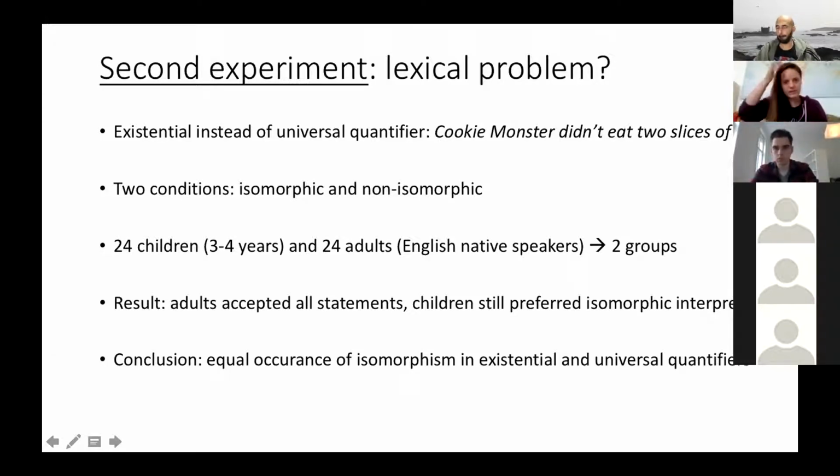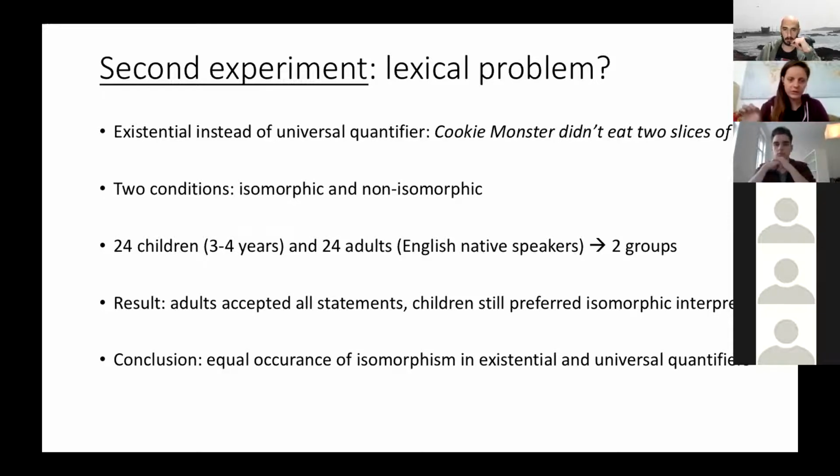Okay, the second experiment was trying to find out if this is the case as well with existential quantifiers instead of universal. The sentence was "Cookie Monster didn't eat 2 slices of pizza." Again, there was a truth value judgment test with 2 conditions, the isomorphic one and the non-isomorphic one.